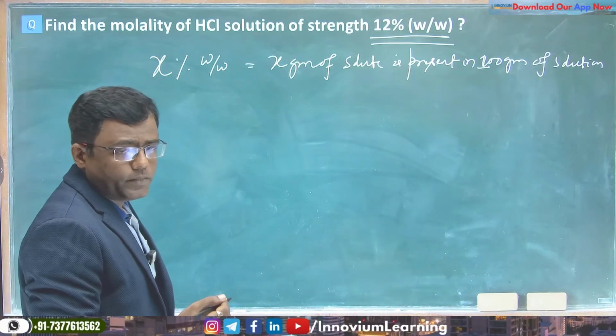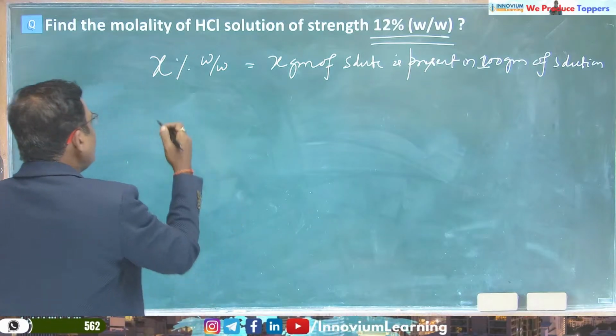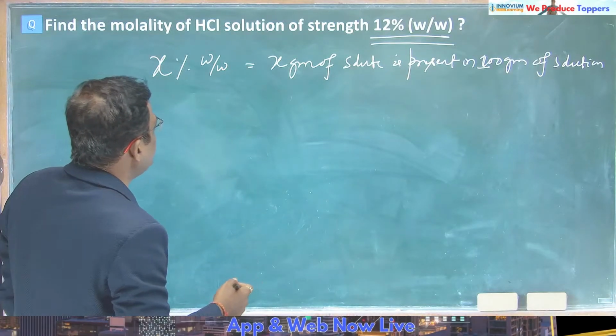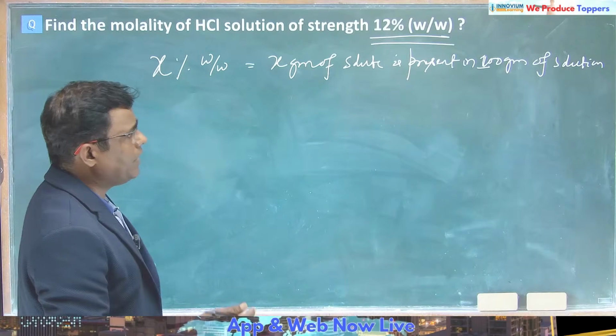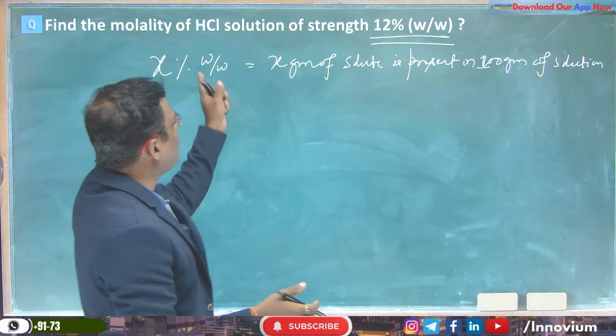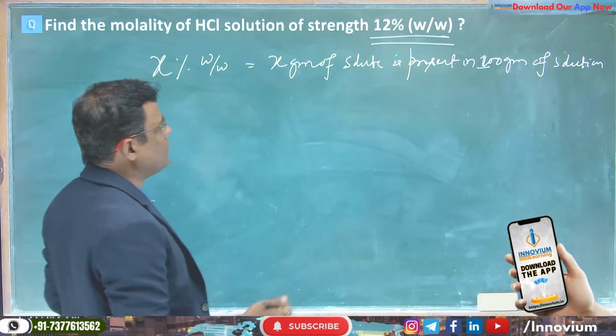Then the point is, whenever the data is given in terms of percentage W by W, how can we calculate the molality? Very easy. Let us derive the general formula, and then we will apply this data directly in that general formula.